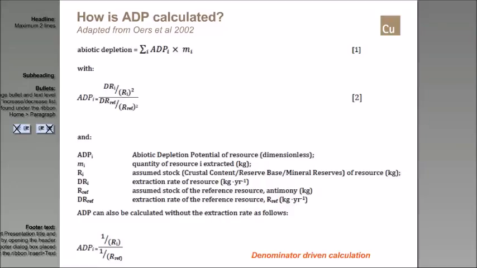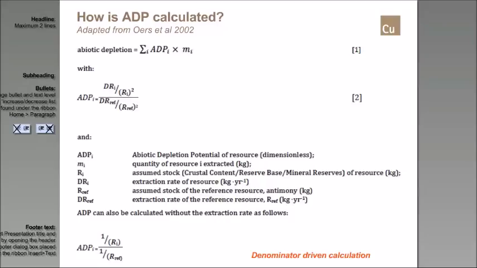There is no scientific reason for selecting antimony. The idea was just to choose something for which they felt they had a lot of data, to provide a comparison and index the reserve. Antimony ended up being selected, and the results are reported in antimony kilogram equivalent.